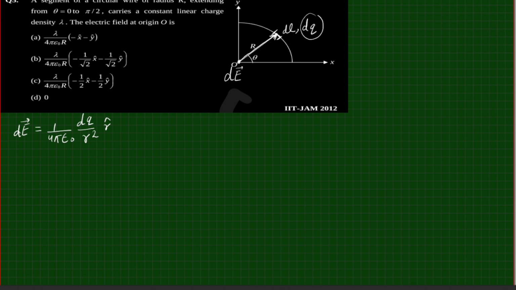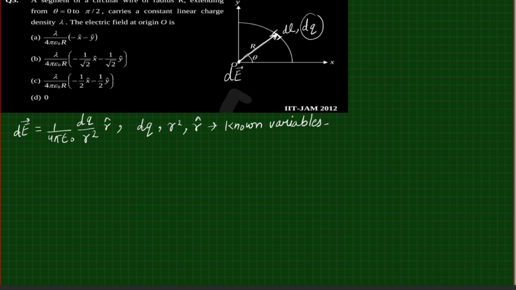So in this formula we have to calculate the value of dq, r square and r cap in the form of known variables, which are known things.